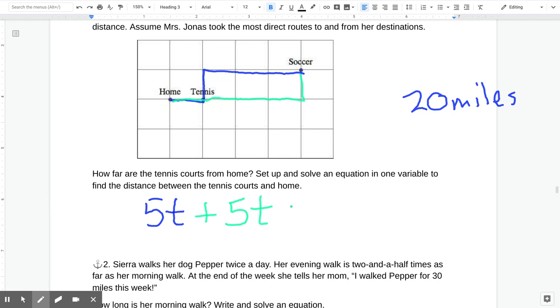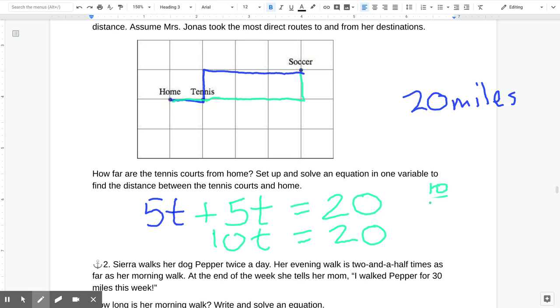And I know that there are 20 miles altogether. So that means that 10T is equal to 20. And I'm going to move over to this side just because I'm out of room since I'm writing with my finger here. I can solve this by dividing each side by 10.